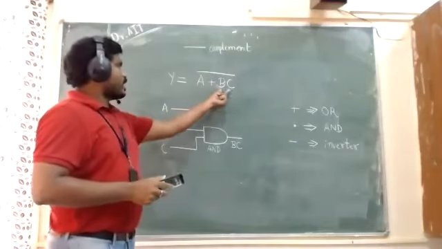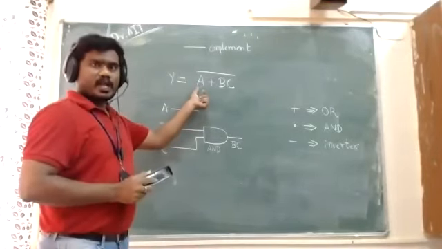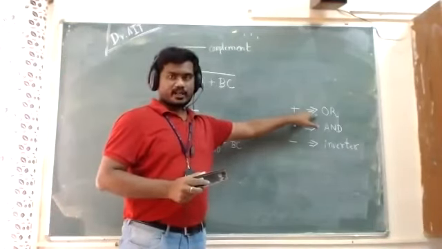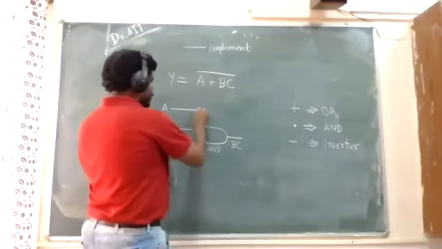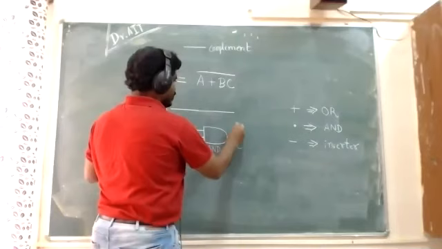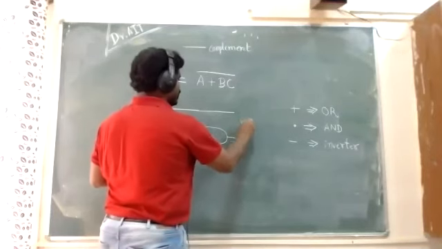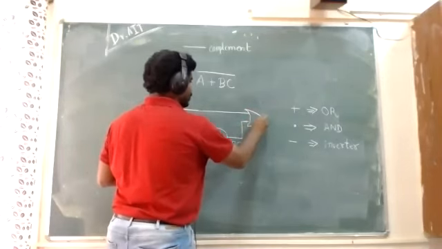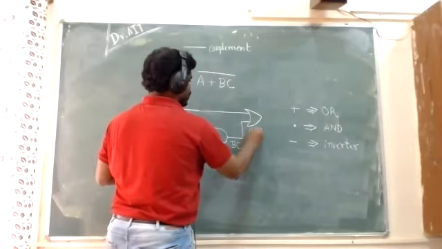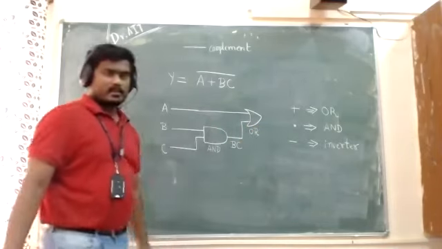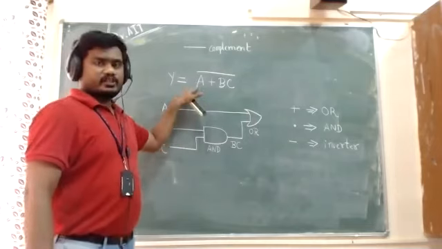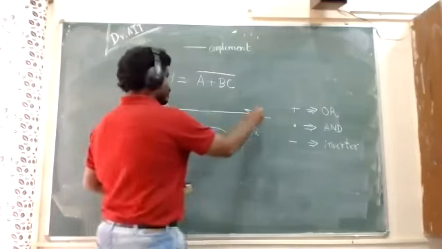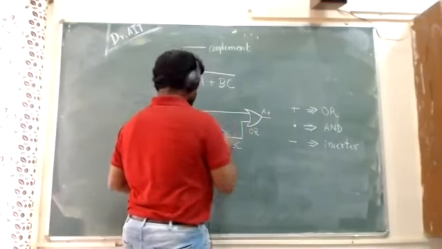Now this product and A are added. How do you add these? You can add these two things, that is A and the output of the AND gate, by using the OR gate. Looking at the given expression, here you will get A plus BC.